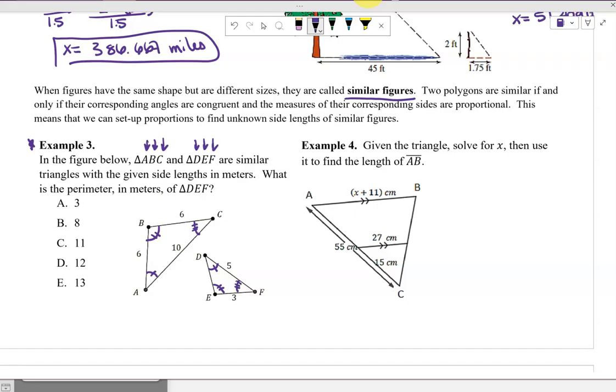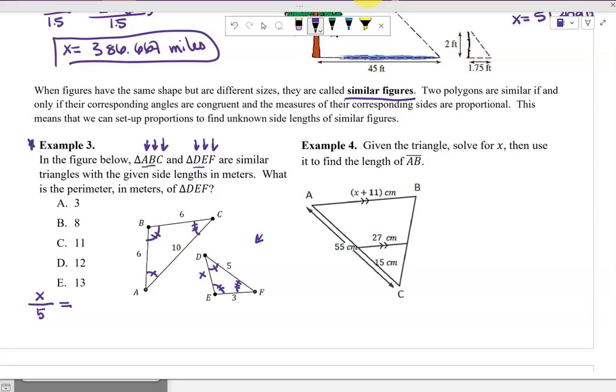All right, what's the perimeter in meters of DEF, which is this smaller triangle right here? Well, the side lengths have to be proportional. I'm looking for DE right here. DE is x over 5, which is the long side, and that has to equal, DE is similar to the same side, AB.